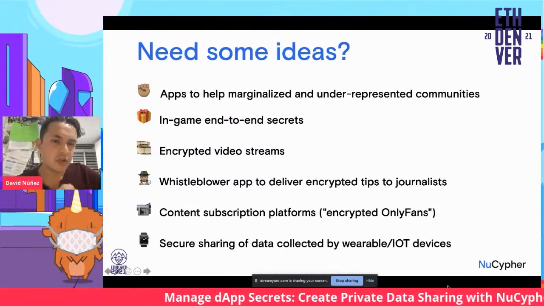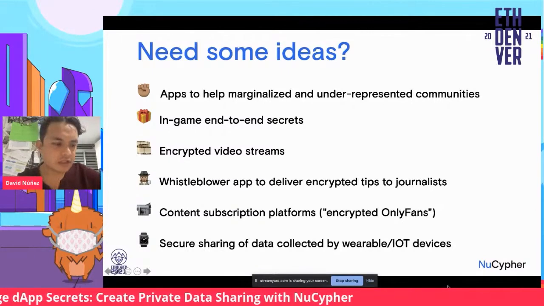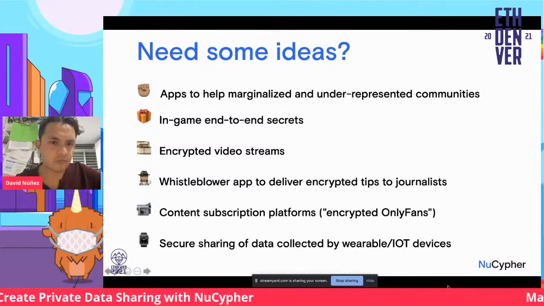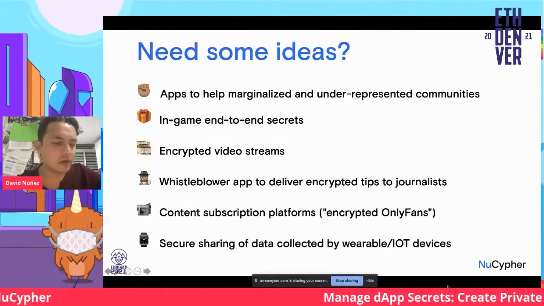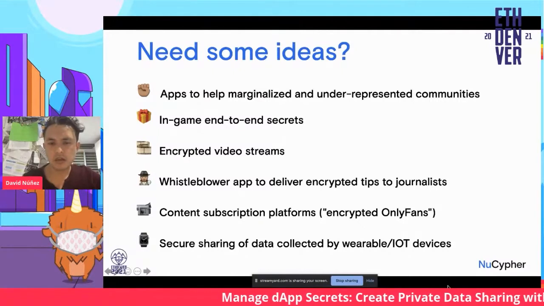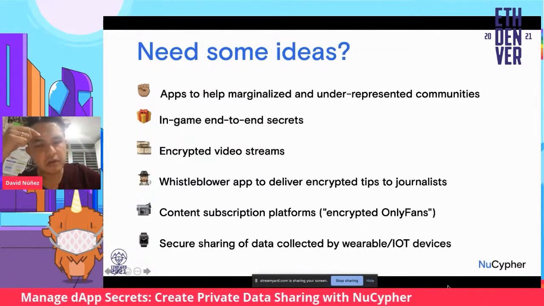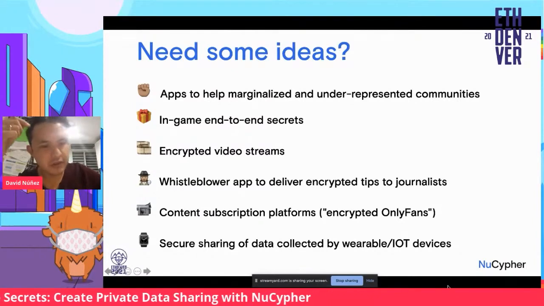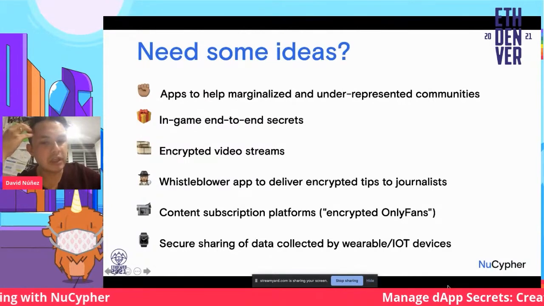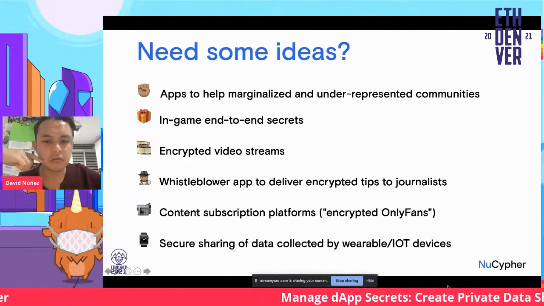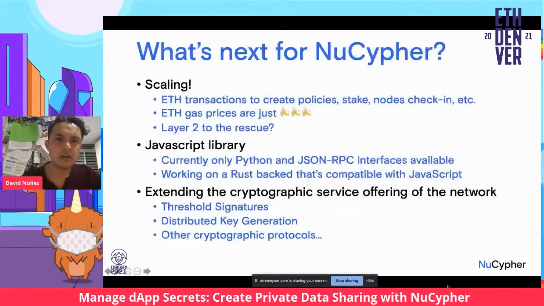Also, in-game end-to-end secrets, encrypted video streams, whistleblower applications that deliver encrypted tips to journalists, content subscription platforms, which you can think about as encrypted OnlyFans, for example, stuff like that, or stuff like the example I mentioned about sharing of data collected by wearable devices or IoT devices.